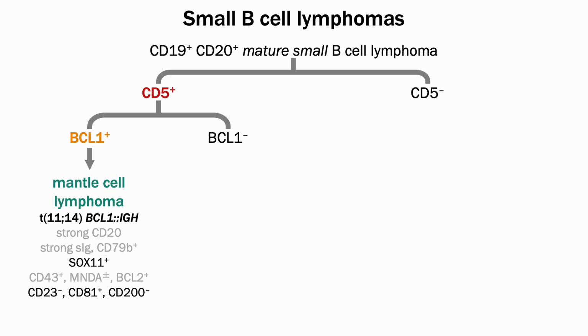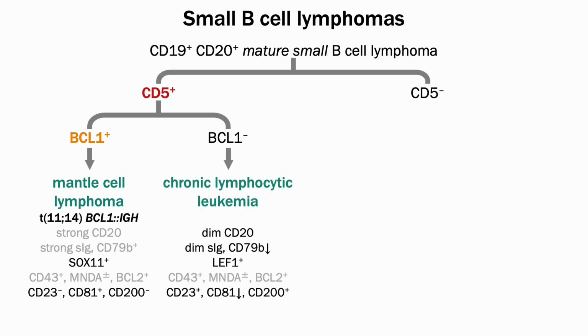If you have a CD5 positive, BCL1 negative small B-cell neoplasm, it's usually chronic lymphocytic leukemia. And unlike with other small B-cell neoplasms, CLL usually has dim CD20, dim surface immunoglobulin, and diminished CD79B. CD79B is the co-receptor for surface IG, so they usually go together.